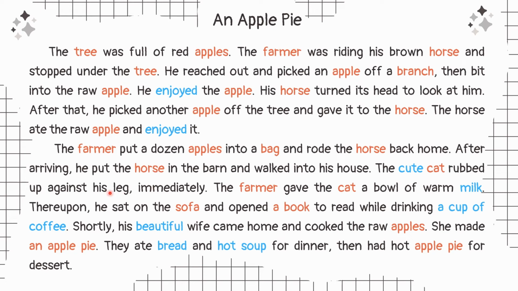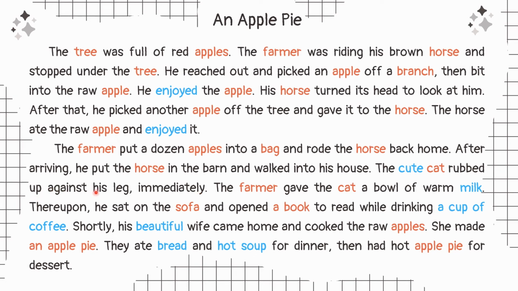After arriving, he put the horse again, so countable noun, in the barn and walked into his house. The cute cat. Cute is uncountable because it is an abstract idea, and cat is countable because we can count a cat.